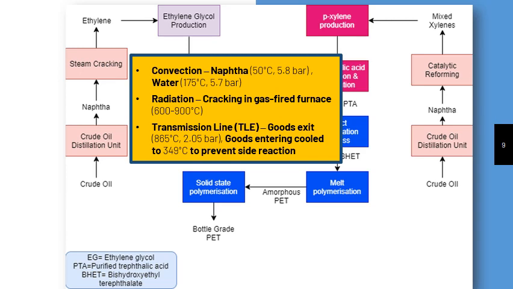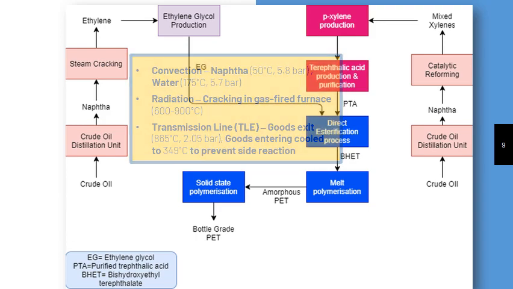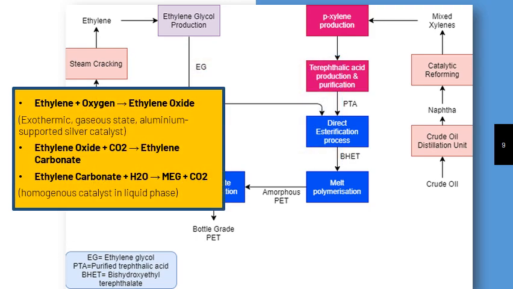The process continues to the radiation section, where cracking in a gas-fired furnace occurs at high temperature, from 600 to 900 degrees C. The gas exiting this cracking process is at 865 degrees C and 2.05 bar, and it then enters the transmission line, called TLE, to be cooled down to 349 degrees C to prevent any side reaction.